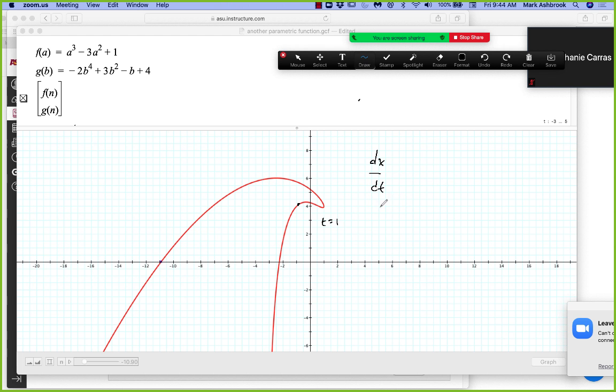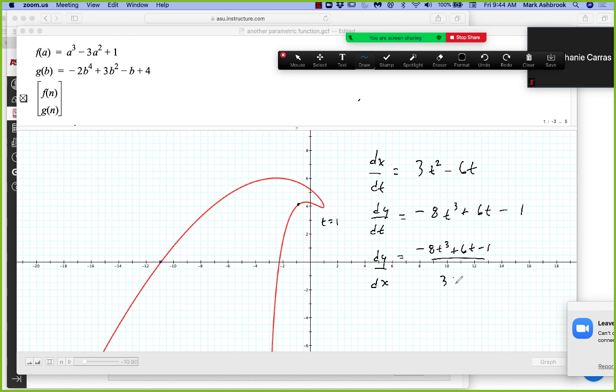So we got dx dt, and dx dt was 3t squared minus 6t, and dy dt was minus 8t cubed plus 6t minus 1, and dy dx was dy dt divided by dx dt, so it'd be negative 8t cubed plus 6t minus 1 over 3t squared minus 6t.